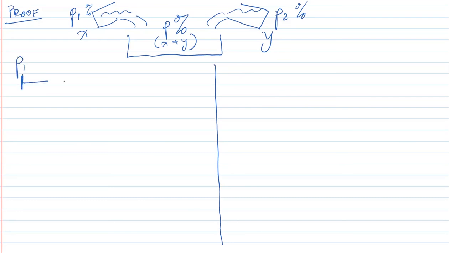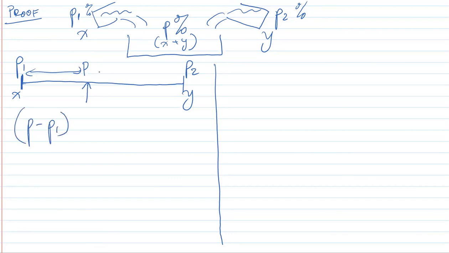So I have P1 here, have P2 here, have X here, I have Y here, and I want it to balance out at P. So the proportion method says, first, I'm gonna take this difference, so that's P minus P1, and then I'm gonna take that difference, that's P2 minus P, and I multiply by the quantity. So on the left, the quantity is X, on the right, the quantity is Y. So difference times the quantity, difference times the quantity. So that's the proportion method.